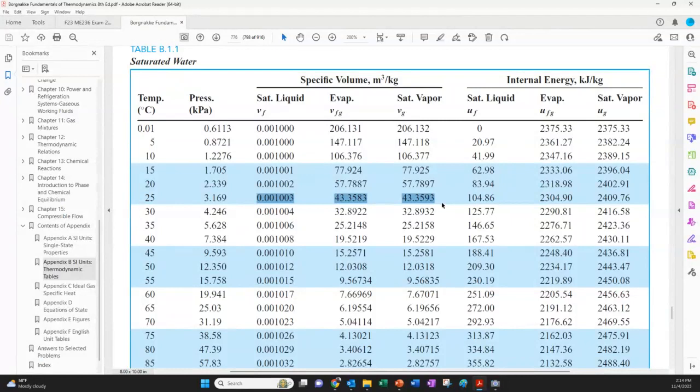VFG is 43.36. And while I'm here, UF is going to be 104.86 kilojoules per kilogram, and UFG is right here, 2304.90 kilojoules per kilogram.